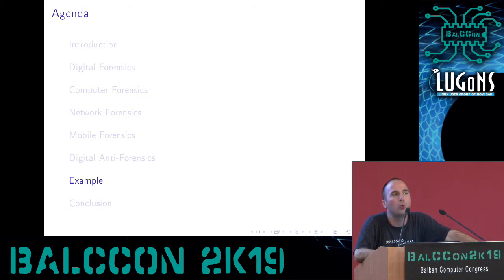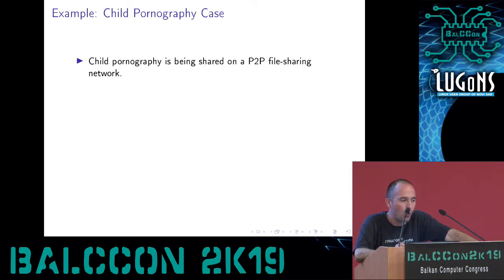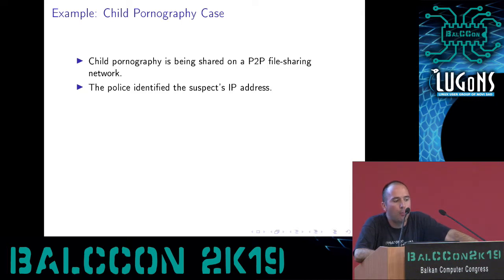I want to discuss one fictional forensic investigation and try to identify some forensic and anti-forensic methods that could be used. So, for example, we could have a case of child pornography. Someone detected that child pornography is being shared on a peer-to-peer network, and police successfully identified the IP address.